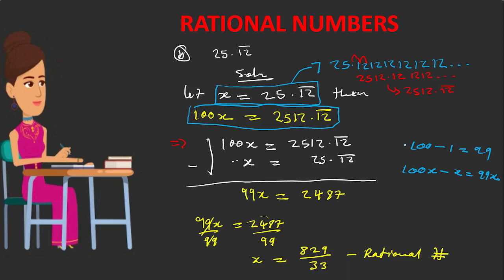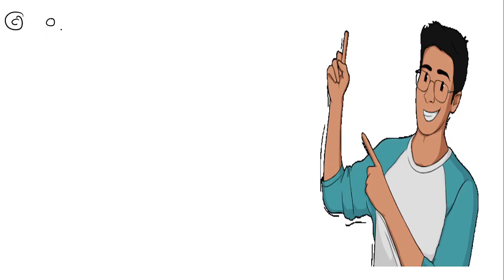Okay, let's move on and look at the next part, the last part of our today's class, which is C. So for this one, it's a little bit different from the previous ones. So there is 29, there is 4, 3, 2, and then bar there.